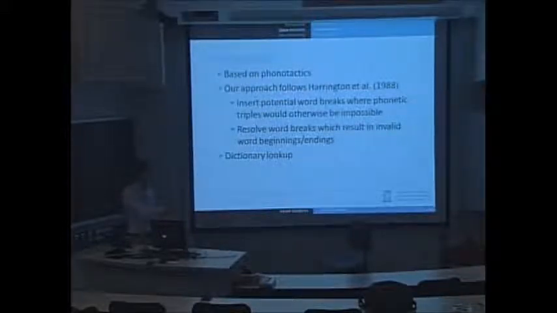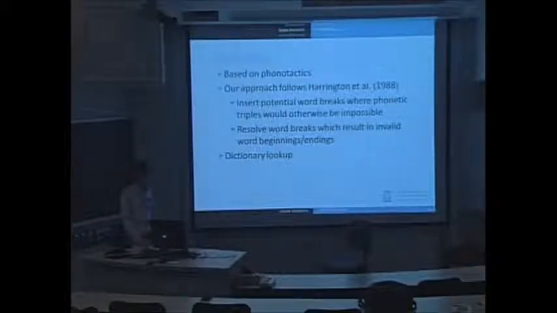And then when you get a string of phonemes, off of the wire in our case, we look through all the trigrams and we find ones that are impossible in English, that cannot occur within a single English word. And that indicates that there has to be a word break there.